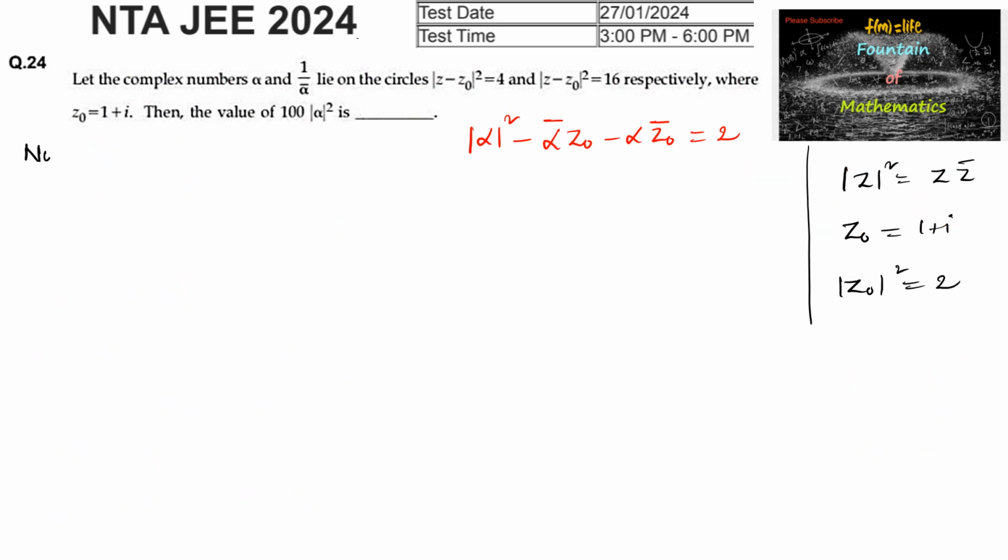And now 1 upon alpha bar lies on the circle mod of z minus z naught square is equal to 16. So let us substitute z is equal to 1 upon alpha bar: 1 upon alpha bar minus z naught whole square is equal to 16.